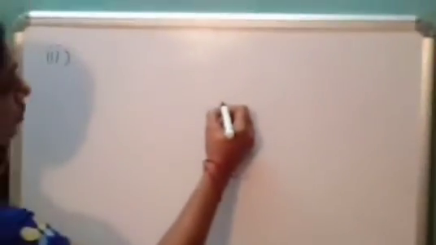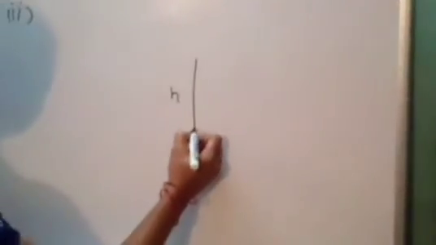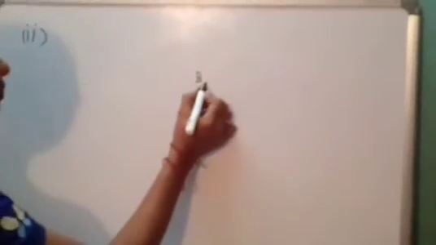The width of the river is, first we draw height of the tree. Height of the tree equal to h. That is AB. AB equal to h. And the observer observes two banks of river at angles of depression theta 1 and theta 2.